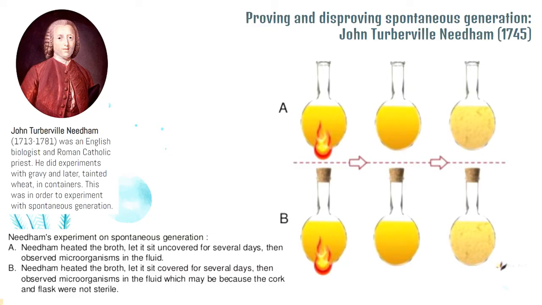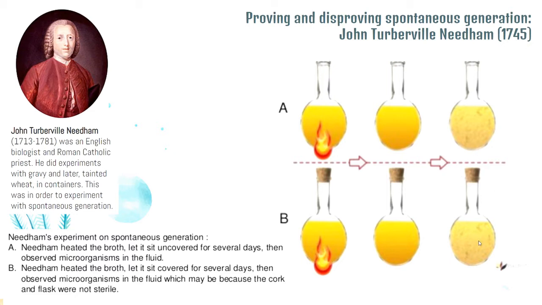Now these are his experimental setups. The first one was he placed the broth in this flask, boiled the flask, let it remain open, and after several days, he was able to find and see microorganisms in the broth. His second setup was this. He boiled the flask with the broth inside and then covered it. Then after several days, he was able to find microorganisms inside.